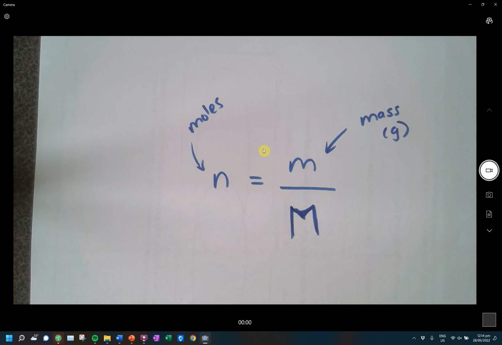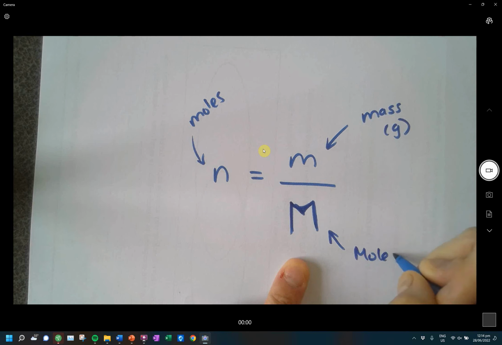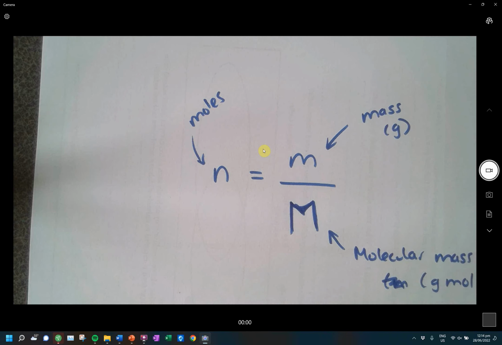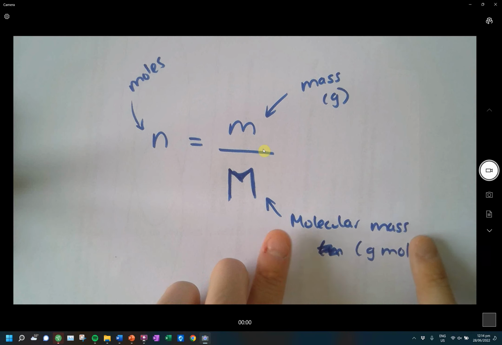Write it in your book because then I'll do the calculations on the paper. I just need to give you the formula first. And the big M is referring to molecular mass, so that's grams per mole. This molecular mass is coming off the periodic table.